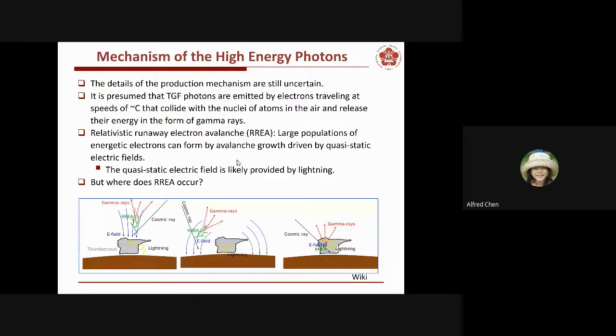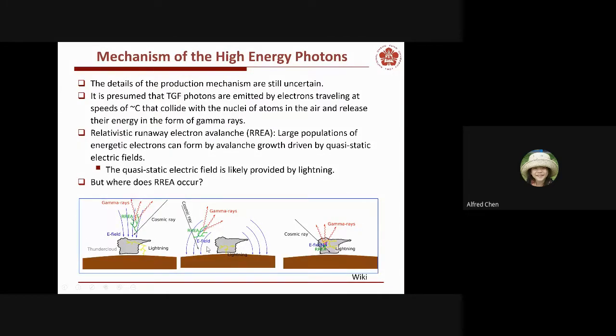Now they have three models. The first one is that it occurs above the thunderstorm. So we also have a very strong electric field above the thunderstorm, and then when some seed gamma ray comes, it will trigger the REA process and then generate the gamma ray.